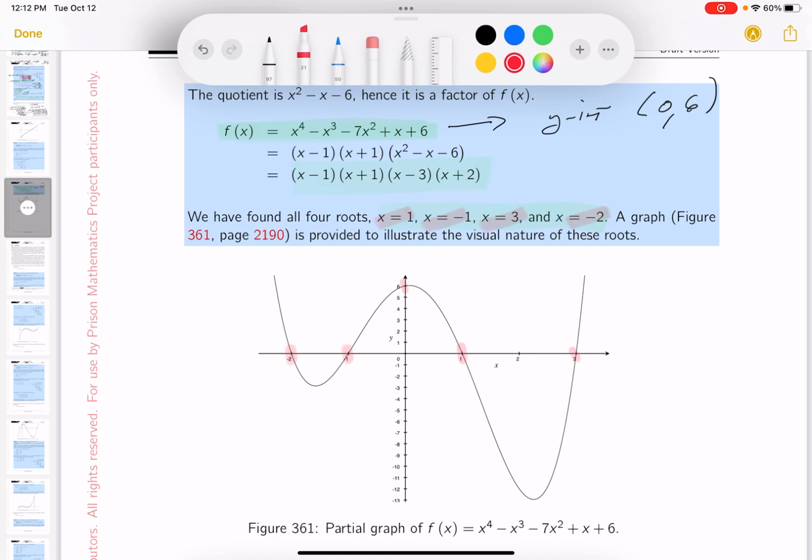The next thing I would do is look at the factored form, and I would perform sign analysis on it. Let me go through that with you. So what do we have? We have minus 2, that's one of the zeros. We have minus 1 is one of the zeros. We have 1 is another zero, and then 3 over here.